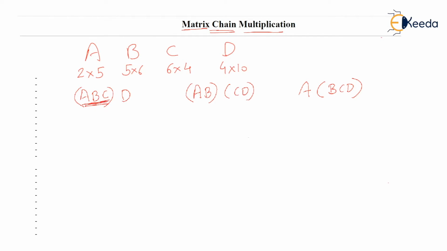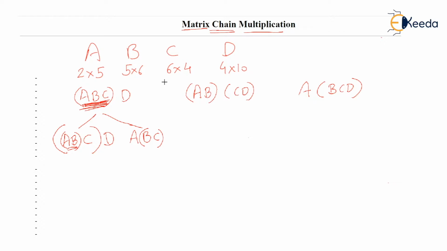Now, this A, B, C followed by D can be written in two ways. It can be either first multiply AB, then multiply the result with C. So you are still saying that you will do ABC first. But within ABC, you will multiply A with B, and whatever is the result, you then multiply it with C and finally take the fourth matrix D. Or the other method would be, if you want to do ABC first, which I am again underlining, you can first multiply BC and the result of BC can be multiplied with A, isn't it?